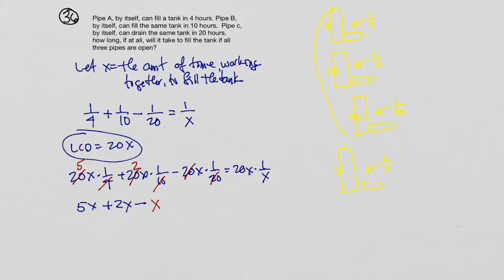And then the whole thing is equal to, in the last term, this x cancels with that one, and we're just left with 1 times 20, which is 20.